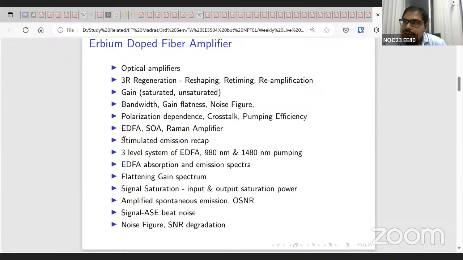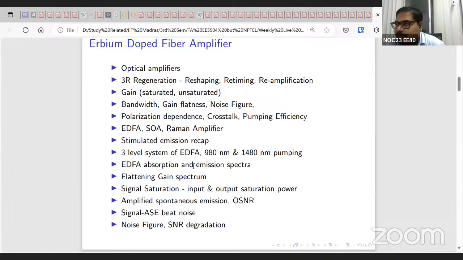Then we explained how this erbium doped fiber amplifier works, very similar to a laser, but we are pumping optically. We showed this band diagram for the three-level system that the EDFA uses.